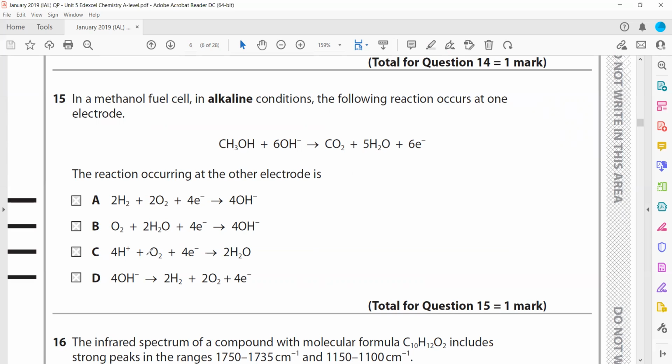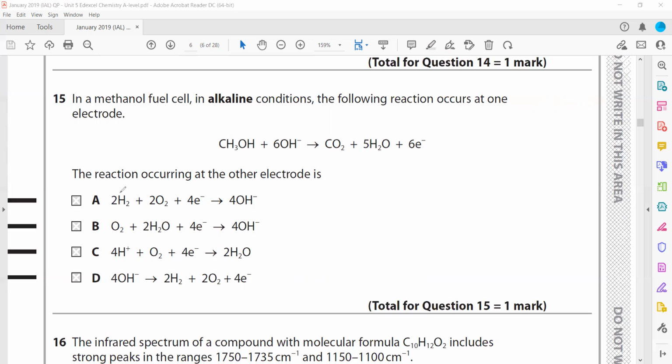But then what happened? This one, hydrogen and oxygen combine, take 4 electrons and produce hydroxide ion. So when we check, in a methanol fuel cell there is no hydrogen involved. Hydrogen gas is not involved.